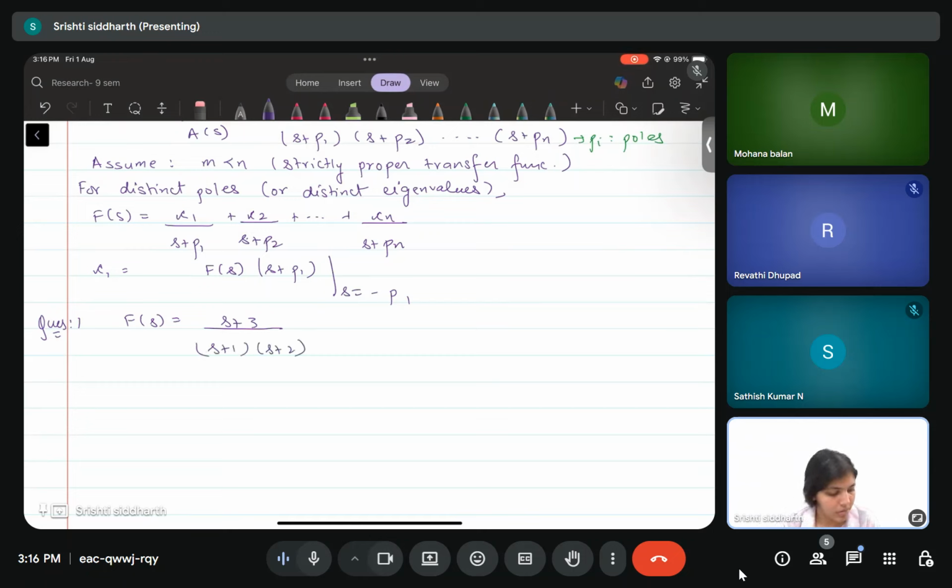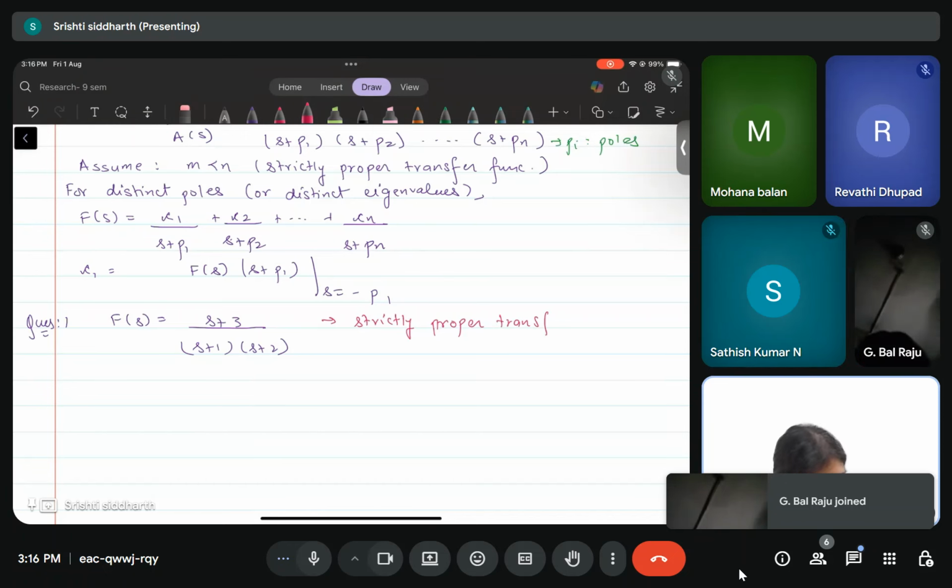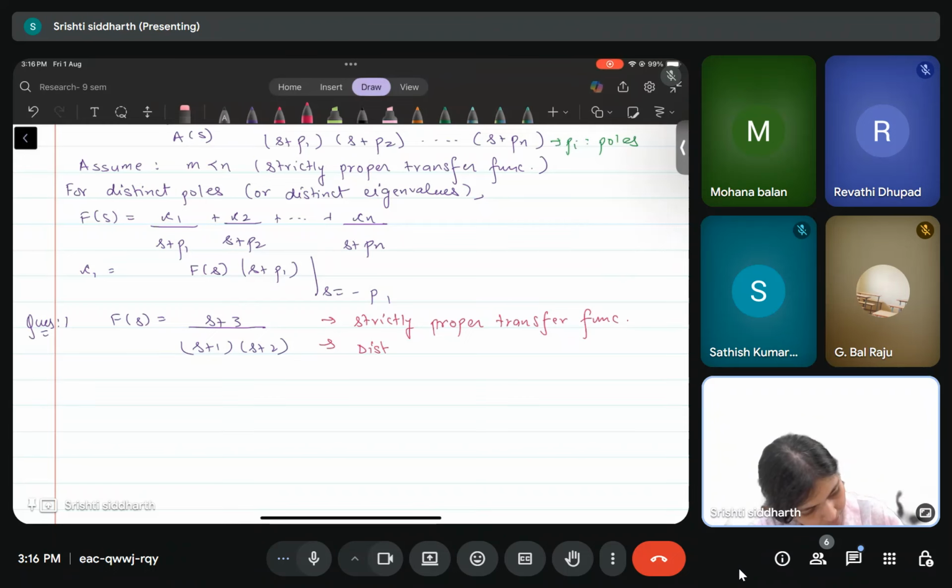First we should observe that it's a strictly proper transfer function, and we have distinct roots. So F(s) can be written as C1 over (s plus 1) plus C2 over (s plus 2).